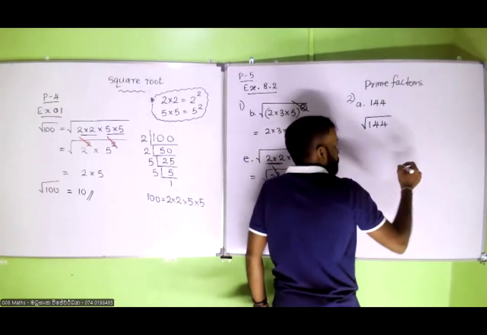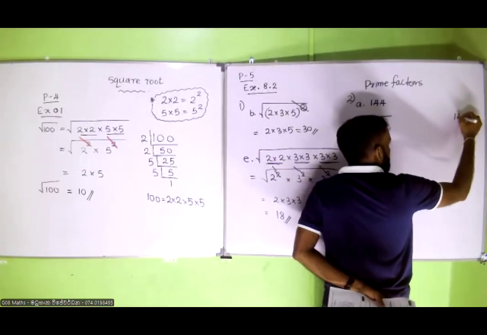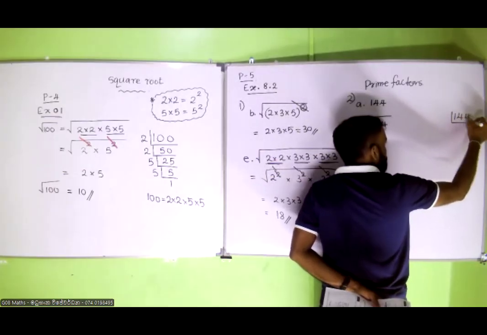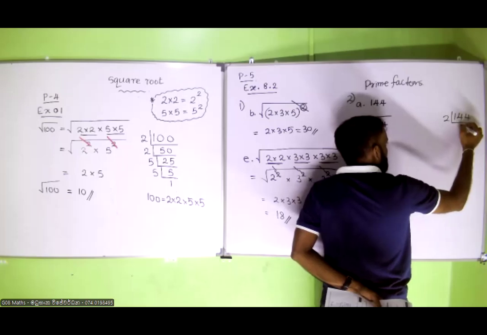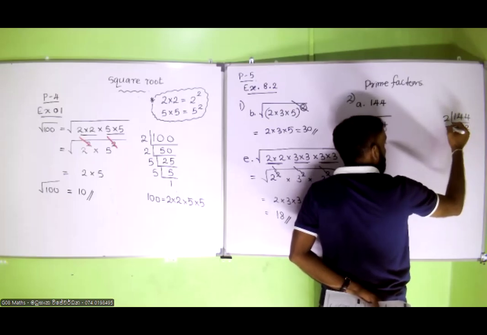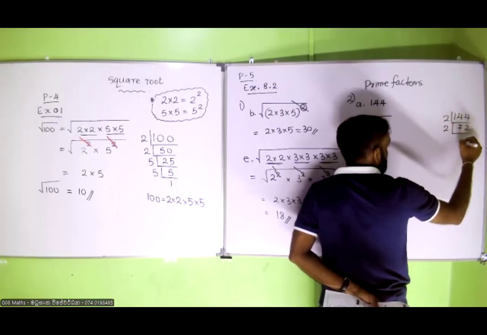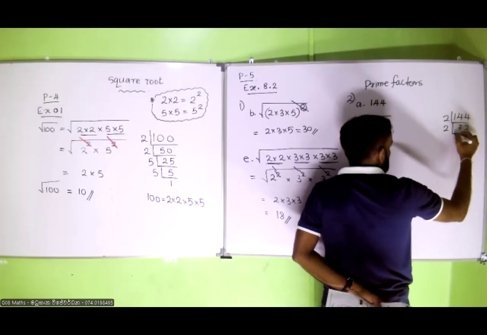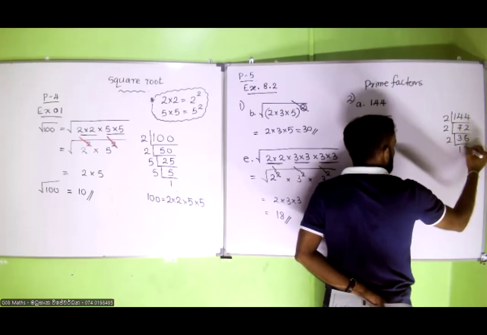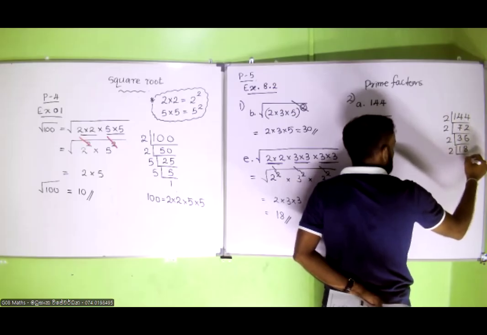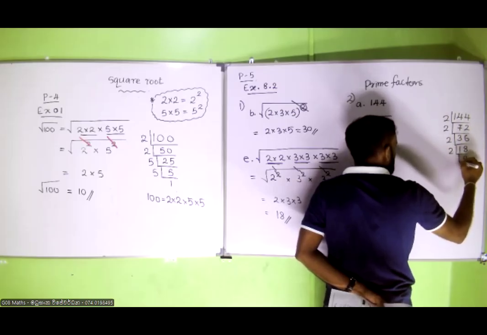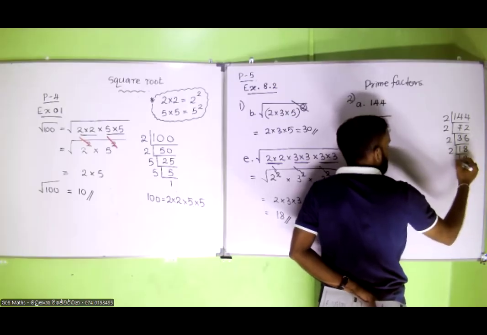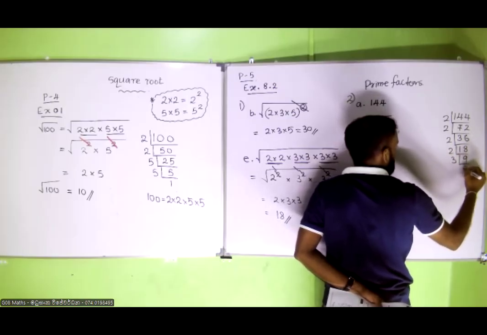So 144 can be divided by 2. 2 times 72, 72 also can be divided. 2 times 36, 2 times 18, then 2 times 9. Then 9 can be divided by 3. 3 times 3.